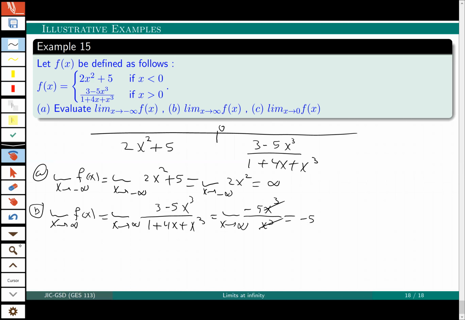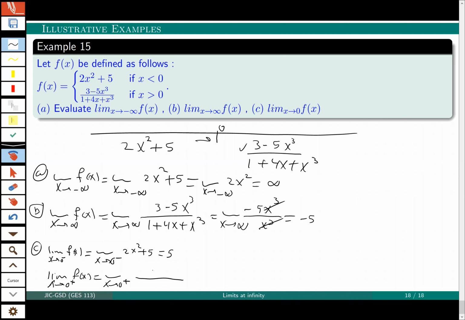Now, the last thing is 0. We have to approach 0 from left first. And if we approach 0 from left, the part of the function is 2x squared plus 5, so I get 5. And if I approach 0 from right, then it's this function.